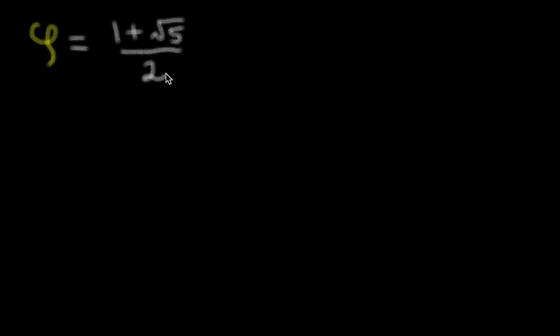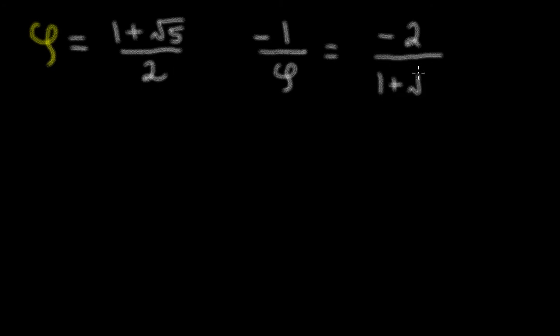But there is another one. And I claim, actually, that it's equal to negative 1 over phi. Now, negative 1 over phi, if what I claim is true, should be equal to 1 minus root 5 over 2. So that means this should be negative 2 over 1 plus root 5.